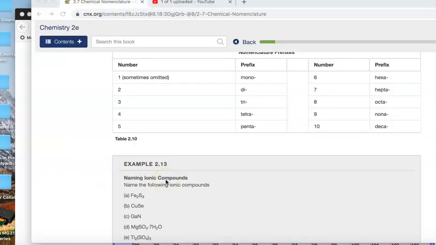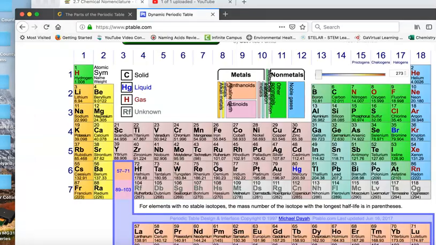All right, so looking at the second example here, CuSe. Looking for the element Cu, that's copper. Again, copper is a transition metal. Then we have to look up the element Se, which is selenium. Selenium has a -2 charge.